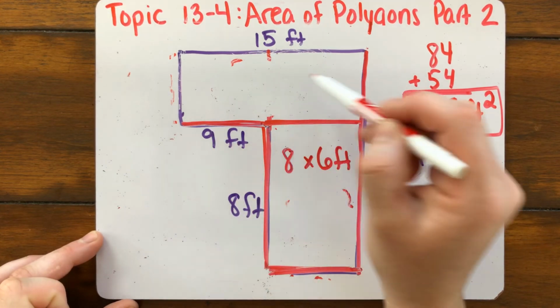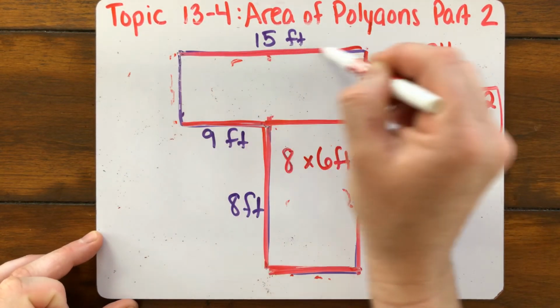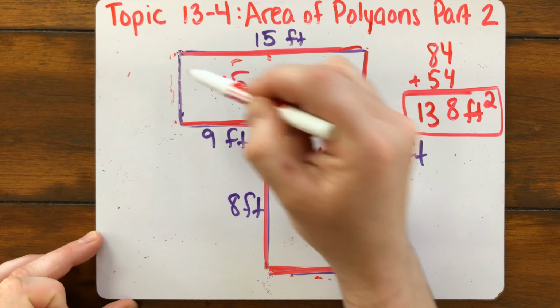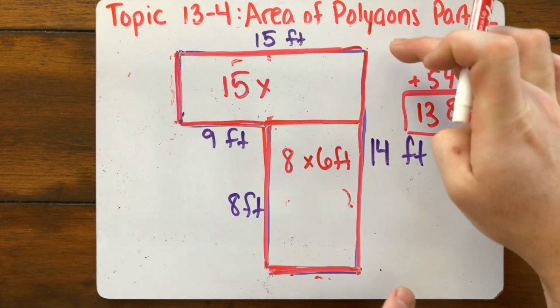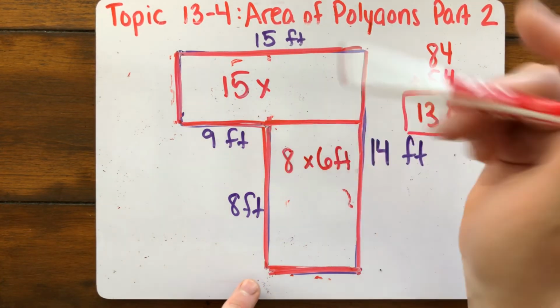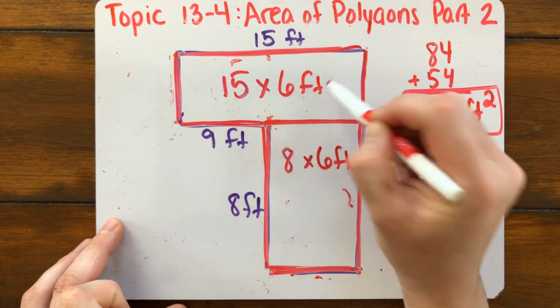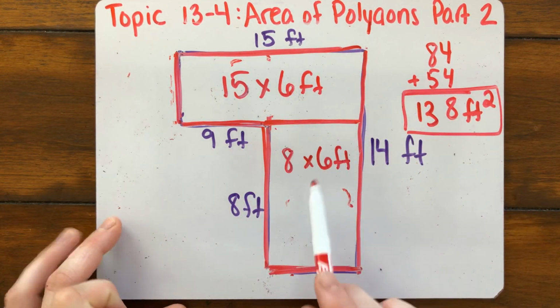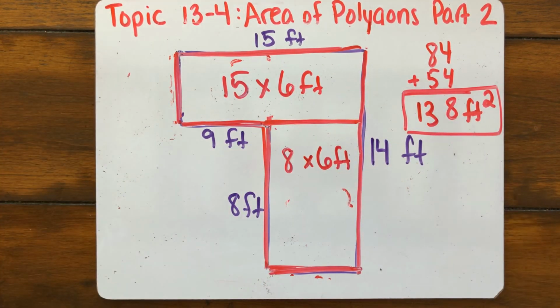And then this one would be 15 times whatever this is, 14 minus 8, which we found out again was 6 feet. And if you multiplied this and multiplied this and added them together, you would still get 138 feet squared.